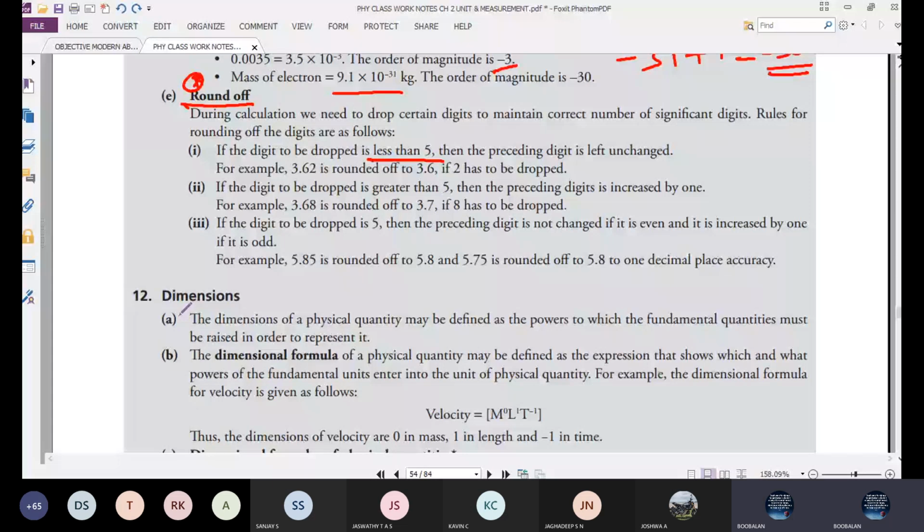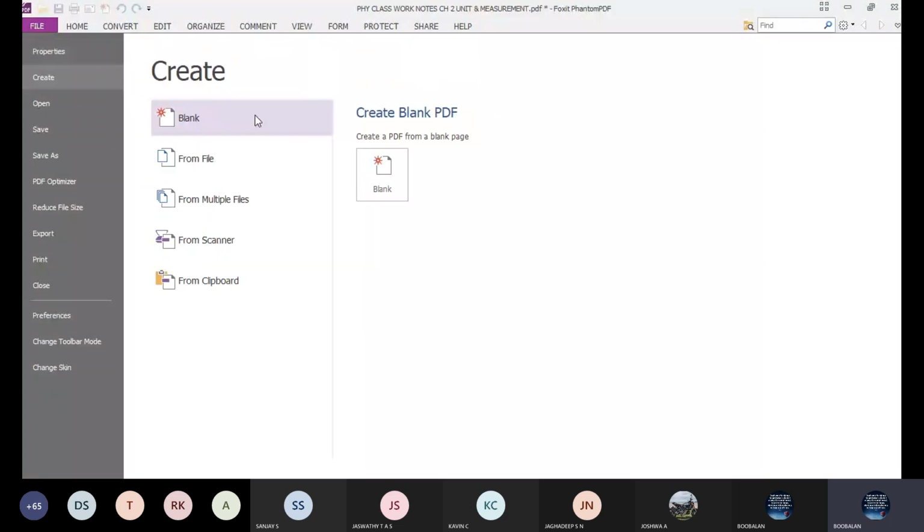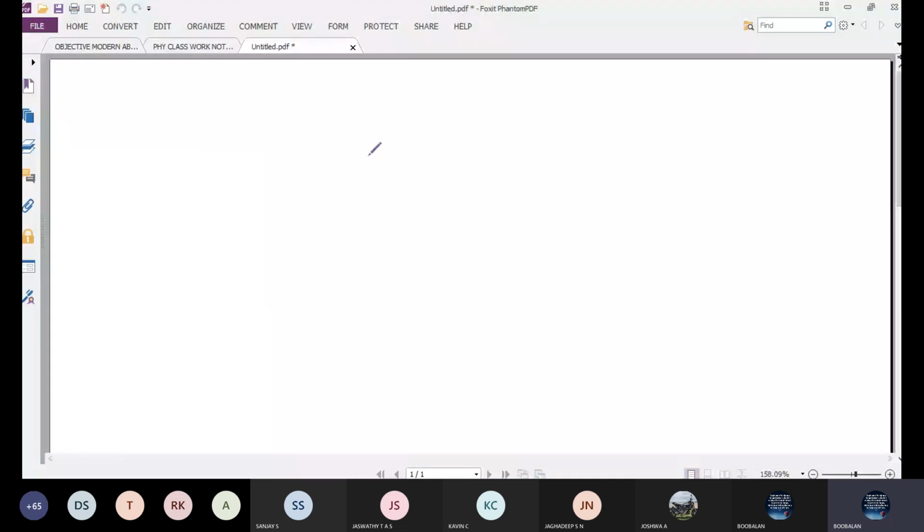So first of all, what is dimension? Before going to dimension, you want to know about physical quantity. Work is equal to kinetic energy.